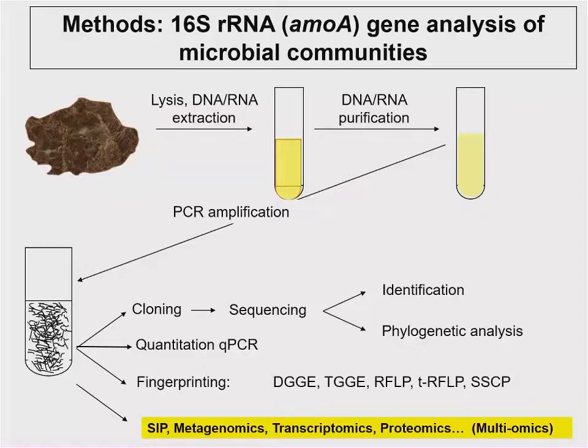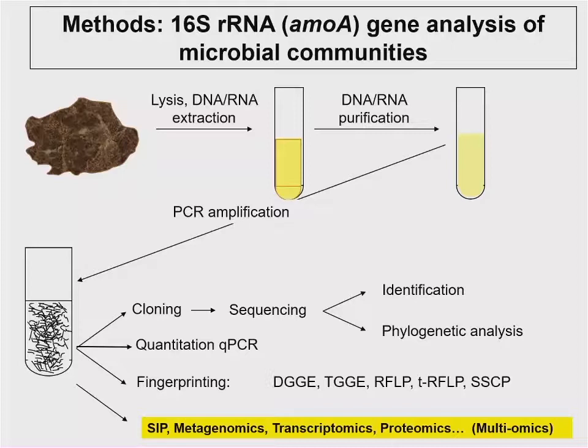So usually we go to the field to collect some samples, or we can have sediments, water, or soil, or any other sample, like we collect the manure in the feedlot. We collect some sample, and then we need to extract the microbial DNA. So how can we extract it?